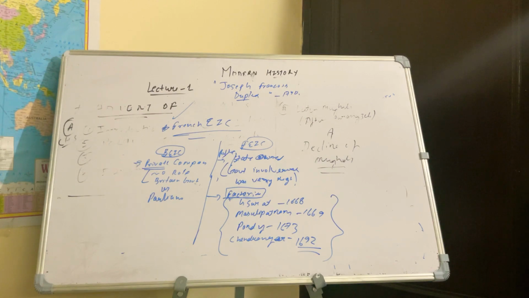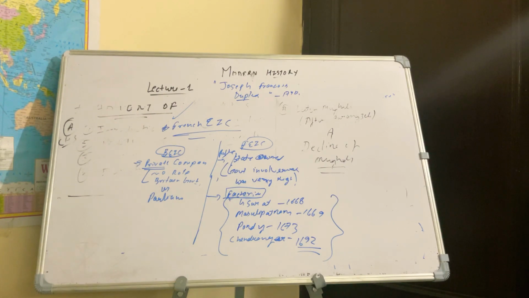And to conclude, this was the advent of Europeans, the very first chapter that we discussed in the beginning, chapter number 3 from the spectrum. Now we're going to discuss a small topic, which is the later Mughals and the decline of the Mughals.